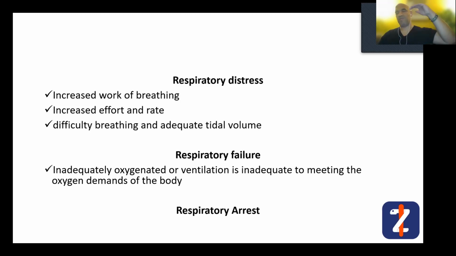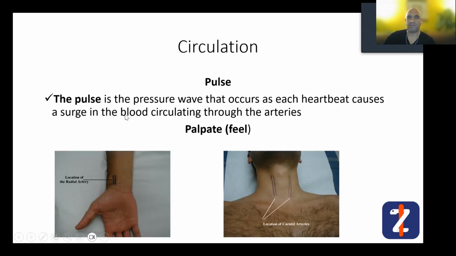Now as they go into respiratory failure, things start to slow down, pulse starts to slow down. All these things start to slow down, and then respiratory arrest, which means it stopped. They're not breathing. This is where you're going to give the patient the appropriate device, which will be a BVM, bag valve mask.